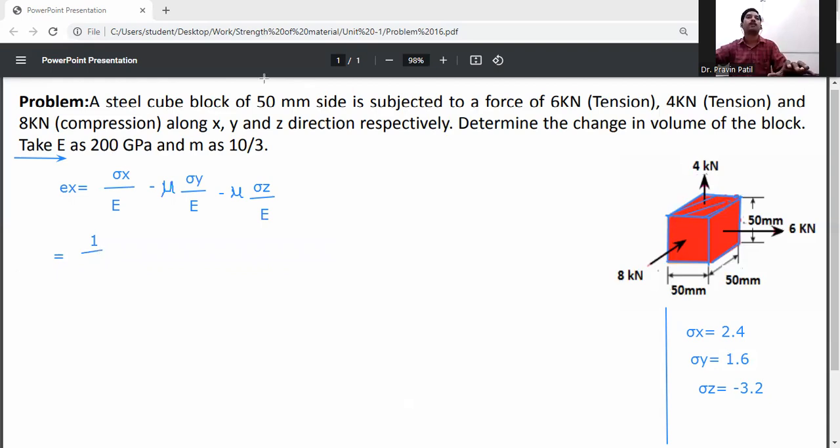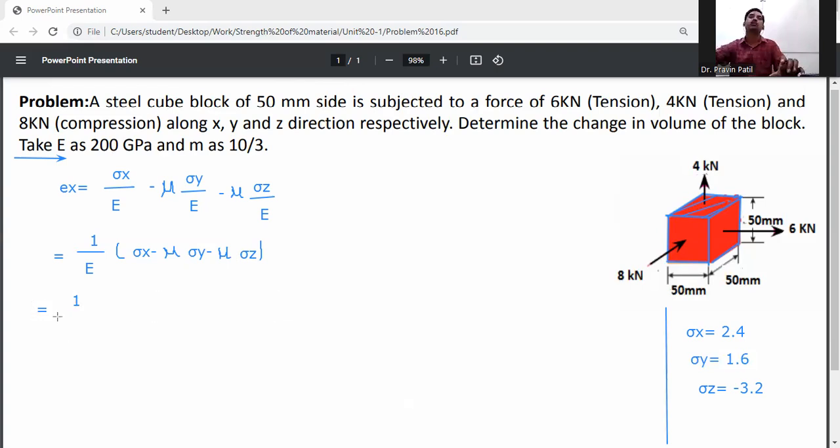So 1 by E in bracket: sigma x, minus mu sigma y, minus mu sigma z.